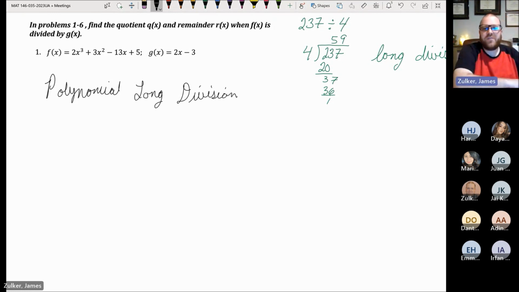Called polynomial long division. You take your divisor, and it goes into the dividend.